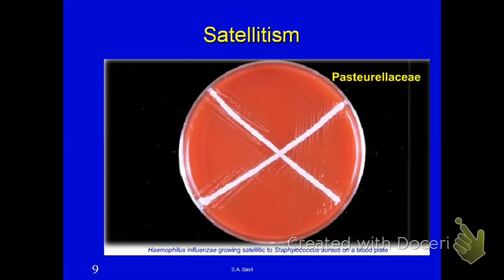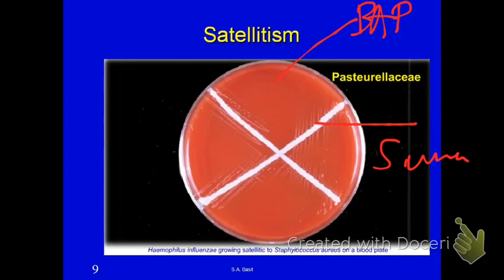Oh, wait. I have a better picture. Okay, so again, this would be the blood agar plate. This would be the S. aureus. And the colonies that you could see here, the small pinpoint colonies, these would be the colonies of Hemophilus.